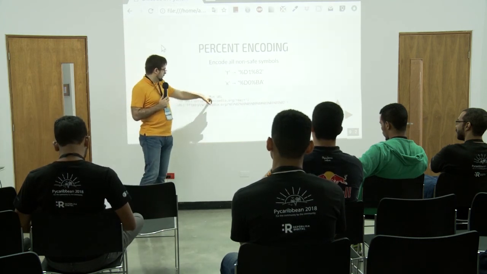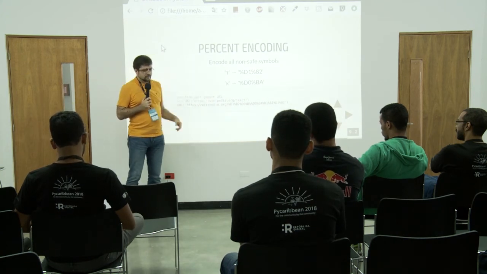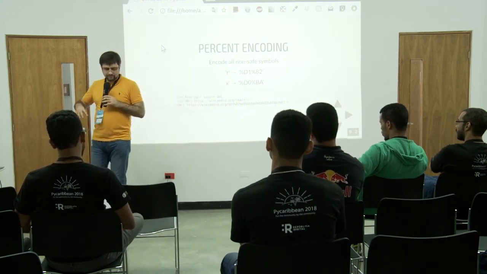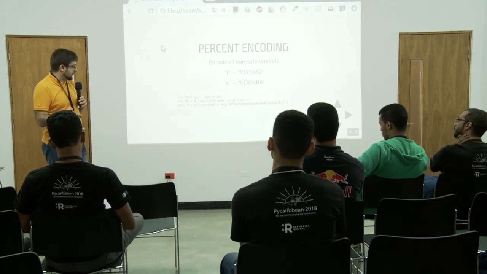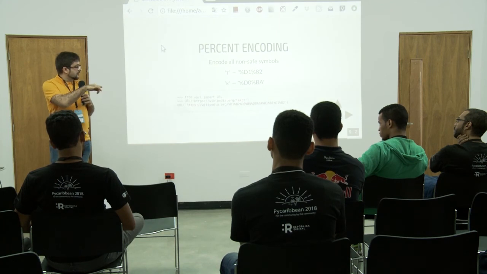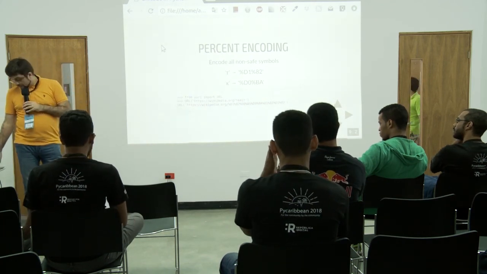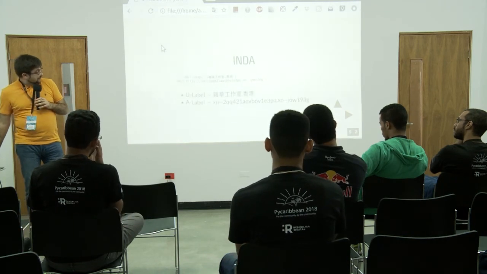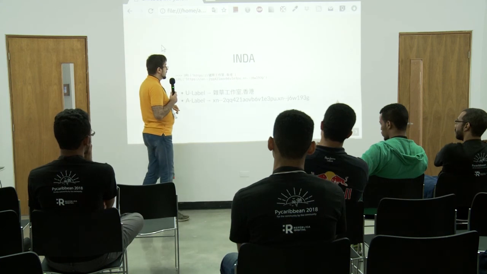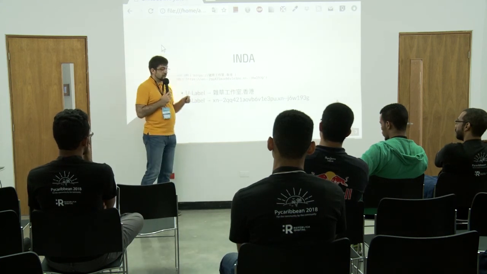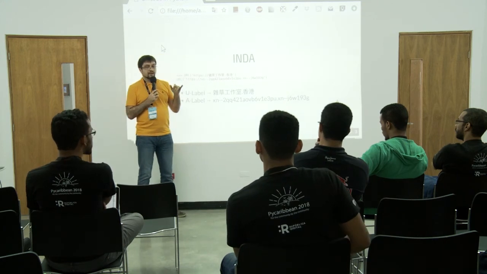By the way, this library is used for constructing a URL object from everything and converting it implicitly into network format. So, percent encoding is for everything except DNS.